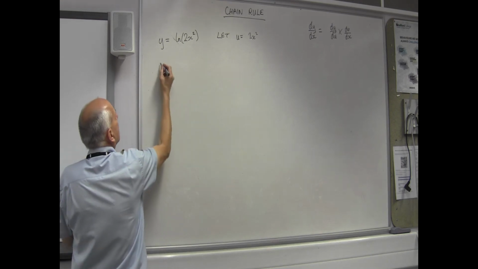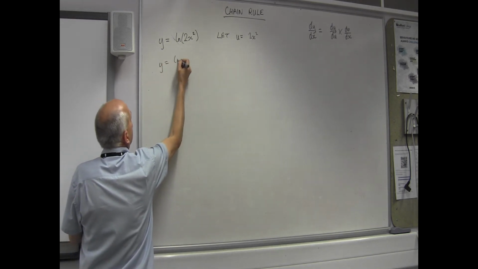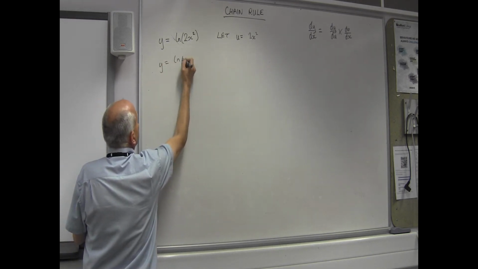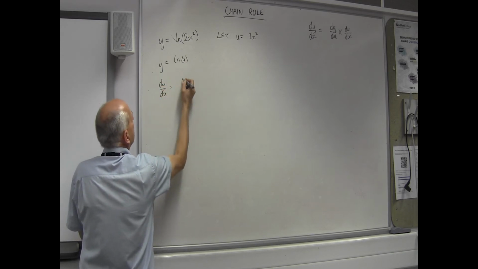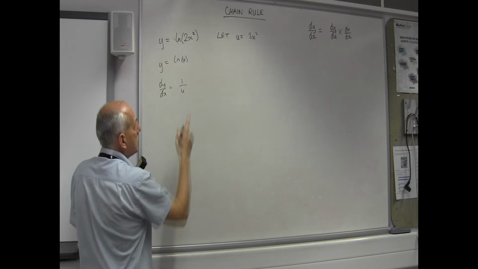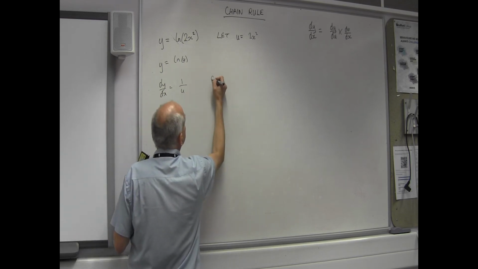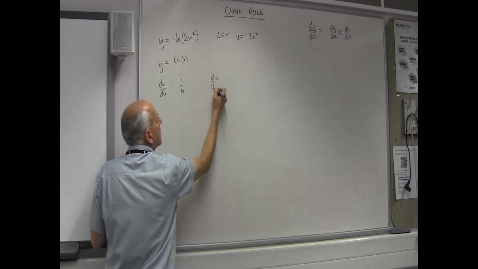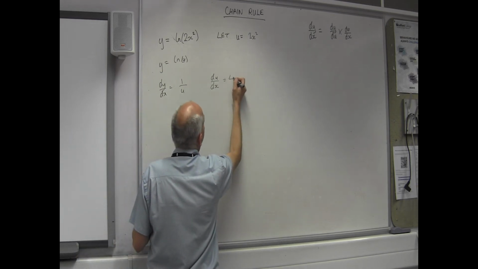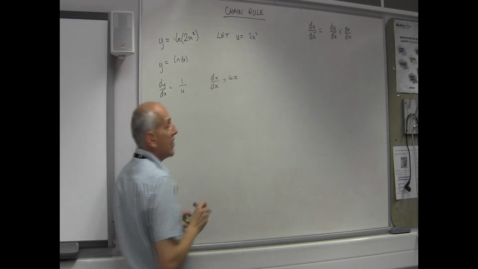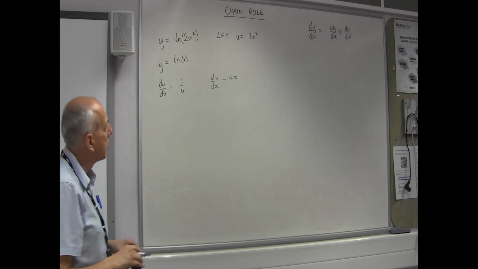So again, let's not jump the gun. Y equals log of u still. And we know that answer from last time: 1 over u. Derivative of this one, so du dx is 4x, yeah. The 2 disappears instead of 1 now.